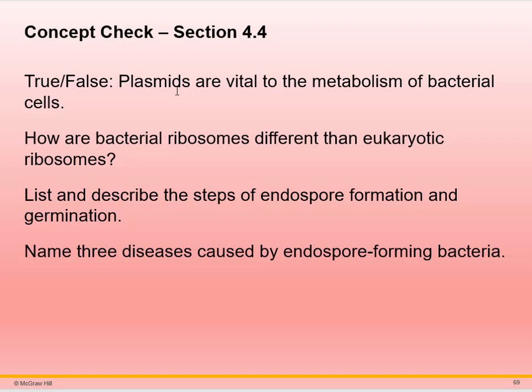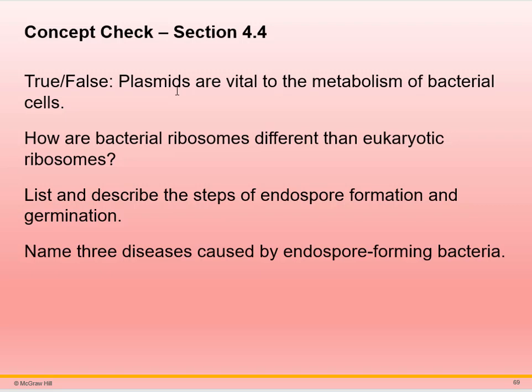Our ribosomes will not be affected. And those antibiotics can't get into the mitochondria, so they're not going to affect mitochondria metabolism either. So they will be able to kill the bacteria without hurting us. That's a selective toxicity.